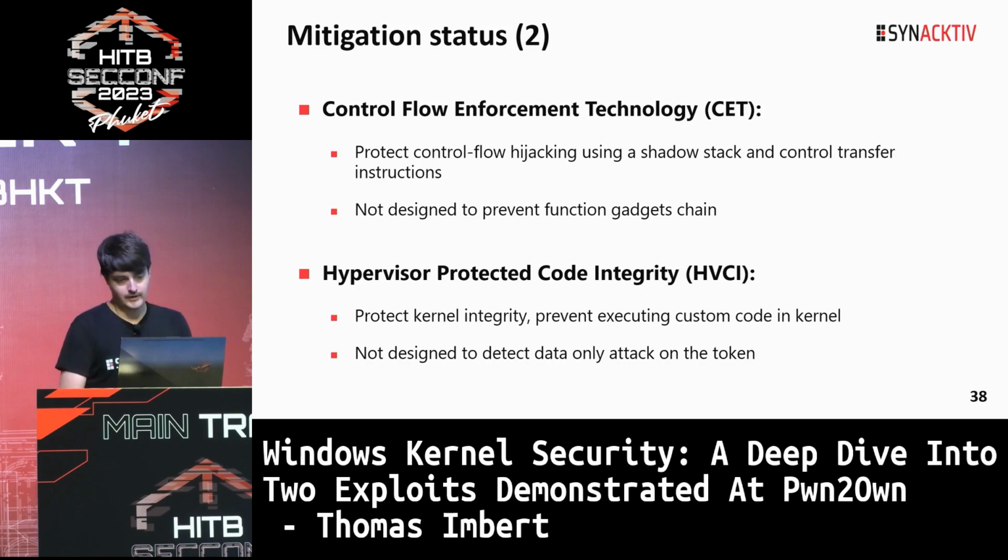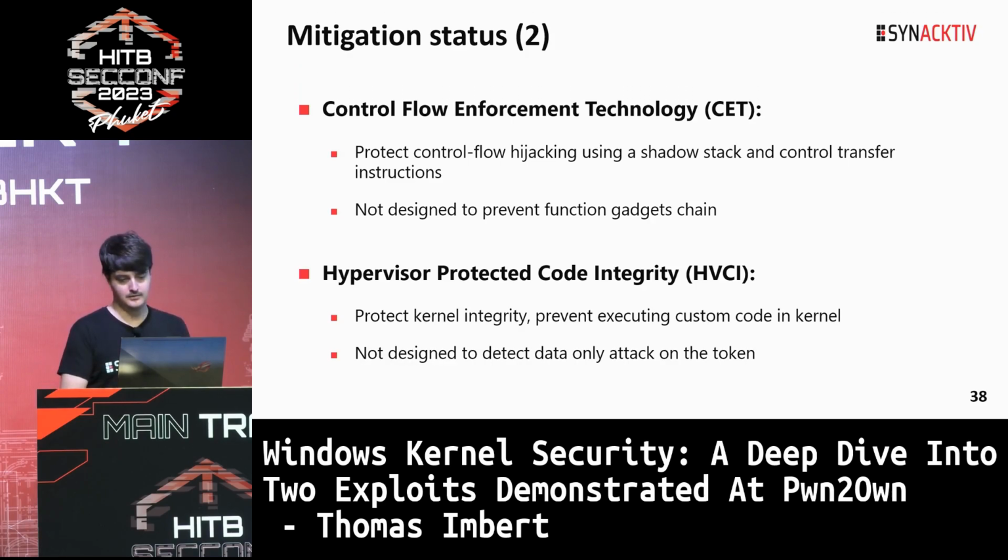There are also two mitigations I don't want to spend a lot of time on, because they don't impact the exploit. There's CET, the hardware mitigation in the CPU that uses a shadow stack and control transfer instructions to protect against control flow hijacking. But this won't work in our case because it doesn't prevent calling functions.